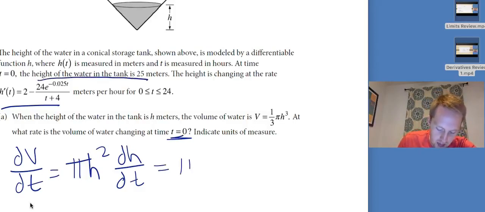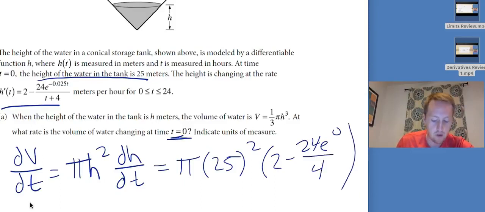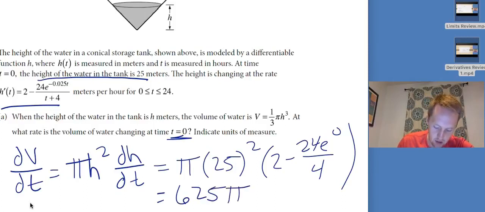So now I've got pi times 25 squared times 2 minus 24e to the 0 over 4. Right? So plugging in 0 for t gives me 24e to the 0 over 4. So that's 625 pi. 24e to the 0, remember, is 1, so that's 24 over 4.